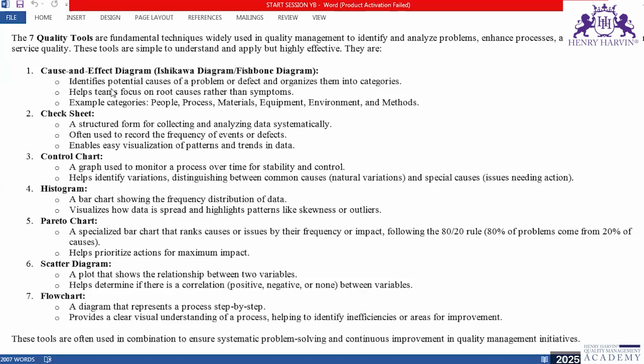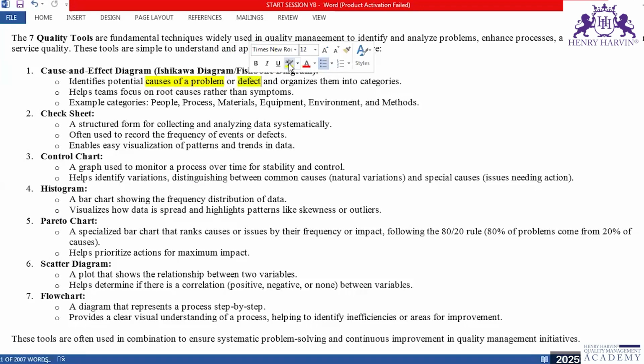Cause and effect is also called Ishikawa diagram or fishbone diagram. Now it identifies the potential causes of the problem. Cause means because of which the problem has happened, or the defect, and organizes them into categories. Remember, this also defines the defects.